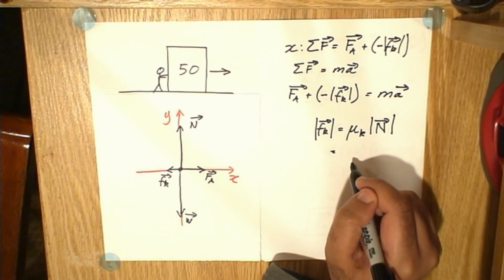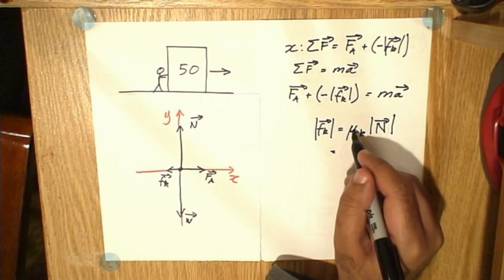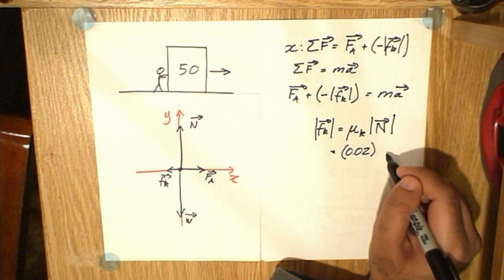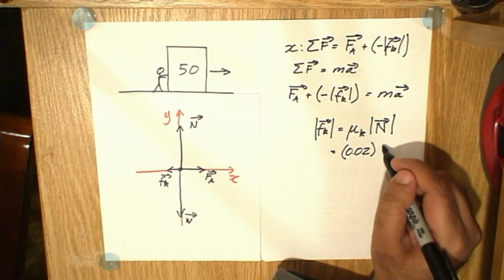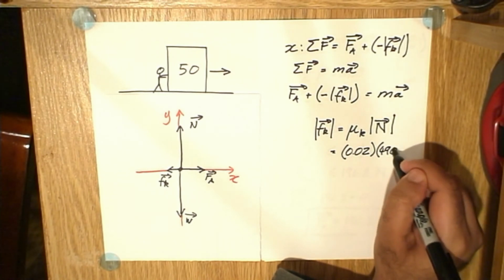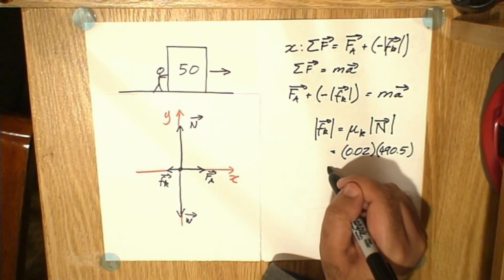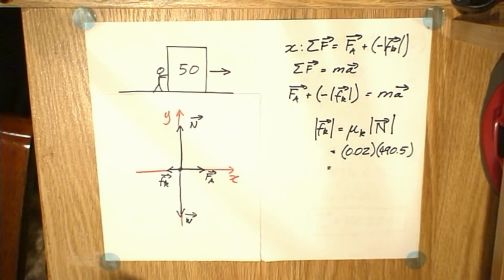Now, for steel on ice, mu sub k is 0.02. And the normal force was the same, 490.5 newtons as it was before. So now we use this information to solve for F sub k.